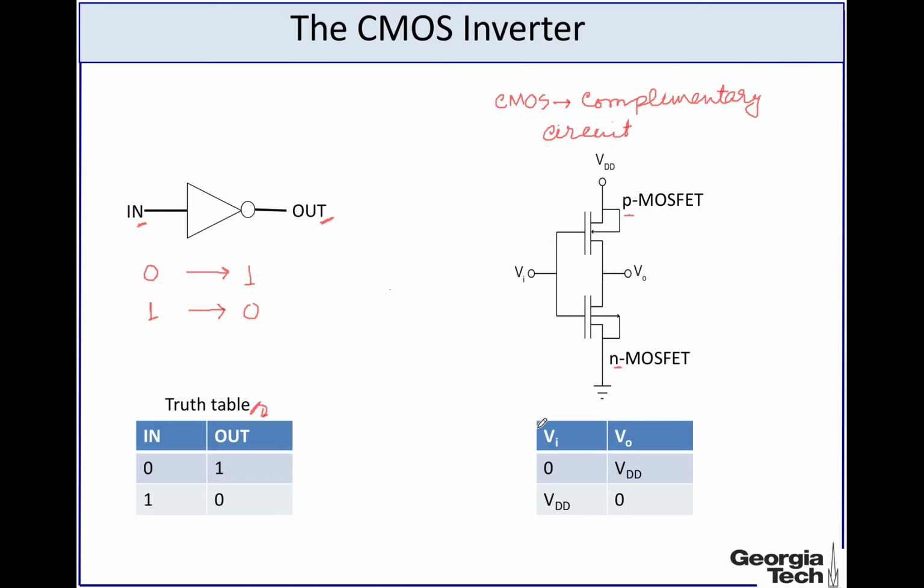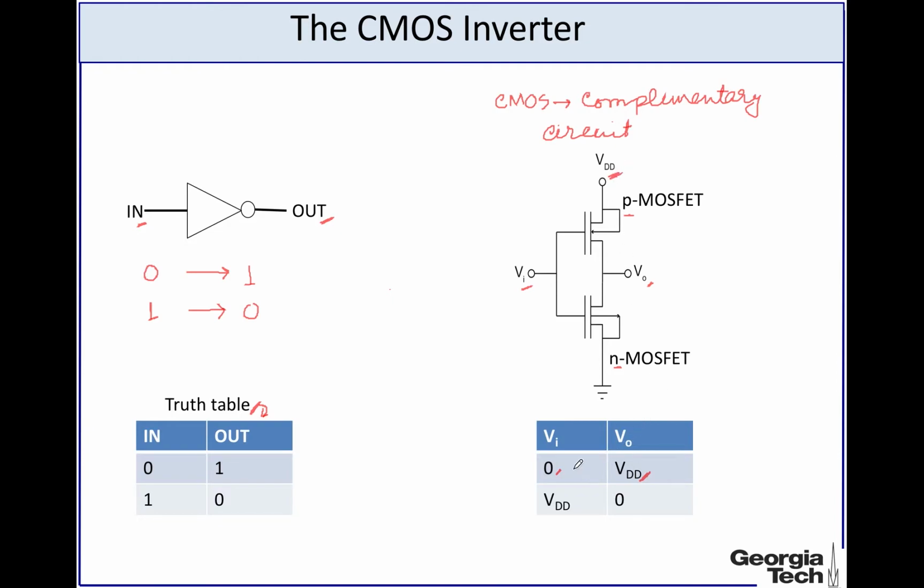If the input voltage here is 0 volts, then at the output you will get a voltage of VDD, where VDD is the voltage shown here.